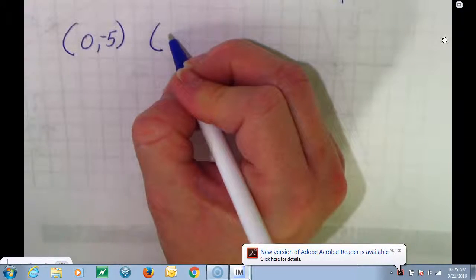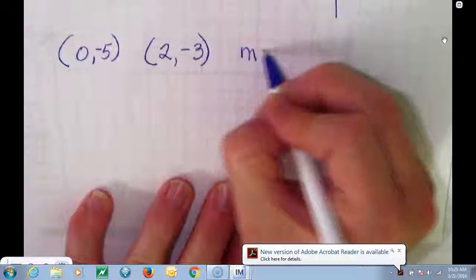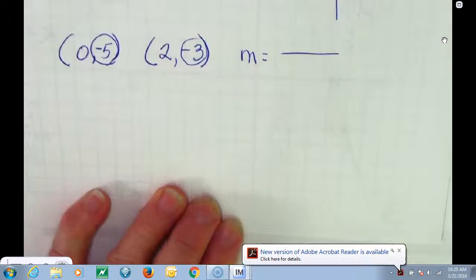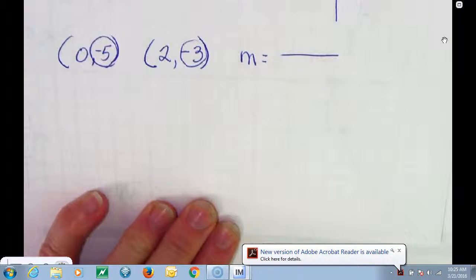And let's do these points. 0, negative 5, and 2, negative 3. So to get the slope, remember, I'm going to circle my y's. Circle my y's. They go on top. So what am I going to subtract?